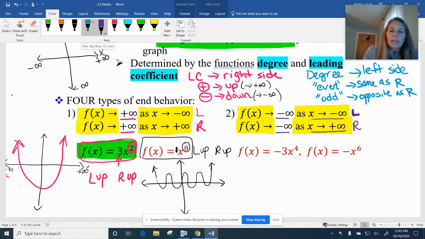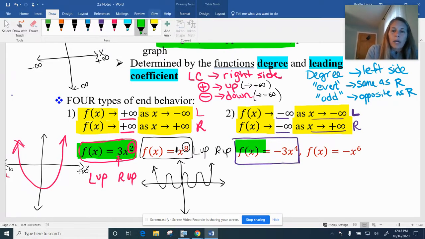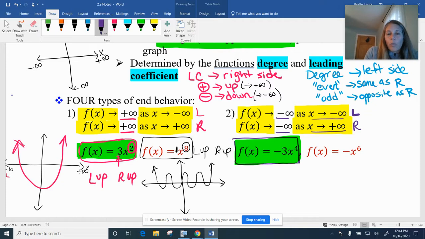Okay, so if I take a look at this problem here, and we don't need to draw these every time, okay? I don't need to draw that. I just need to determine what is the left side going to do and what is the right side going to do, right? So my leading coefficient determines the right side.